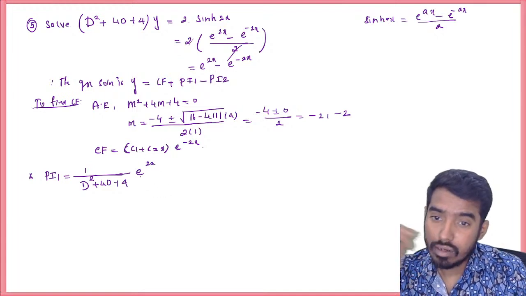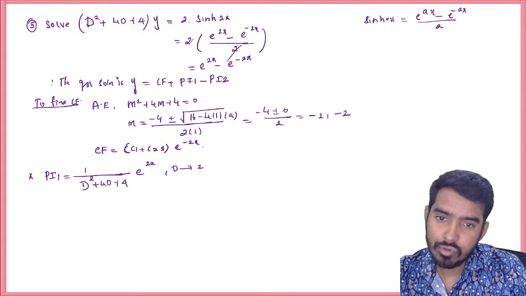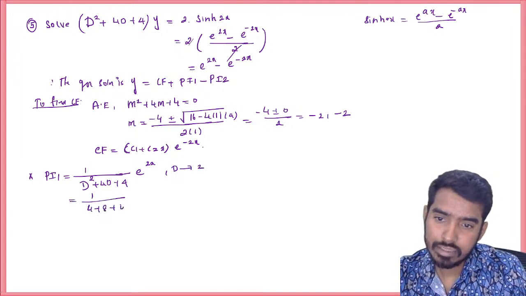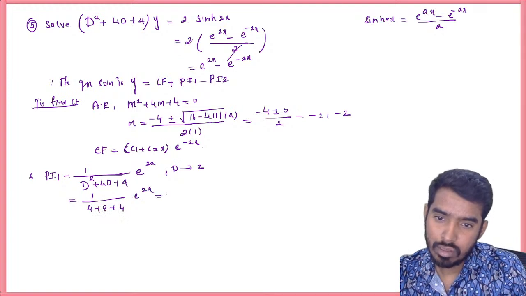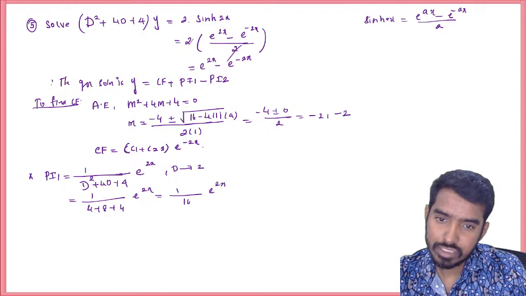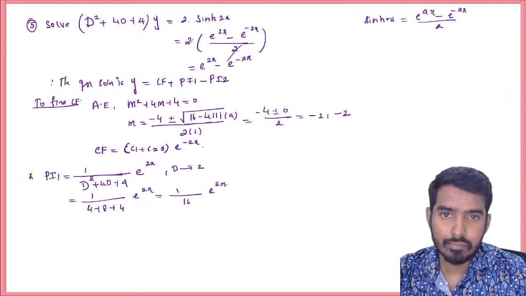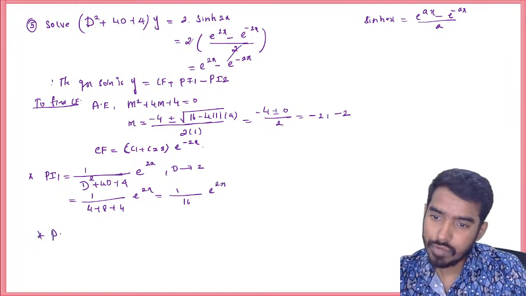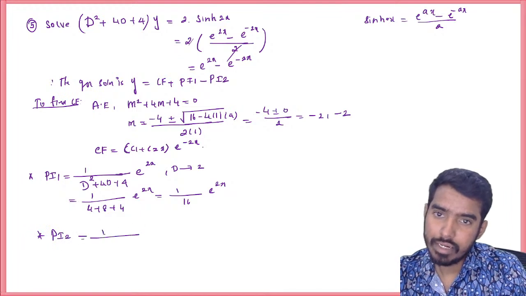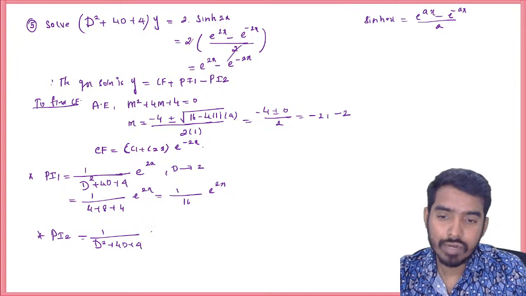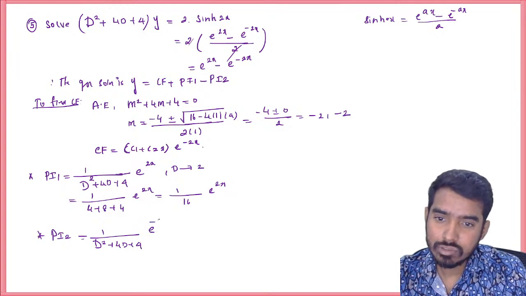Now replace d by 2. So 1 divided by 2 square is 4, plus 8, plus 4, e power 2x. So this will be 1 by 16 e power 2x, which is non-zero. Therefore, this is the required PI1. Now you find PI2: 1 divided by d square plus 4d plus 4, f of d, e power minus 2x.